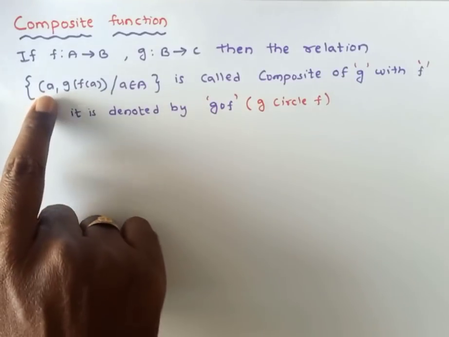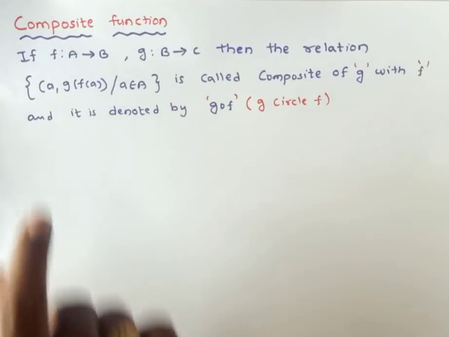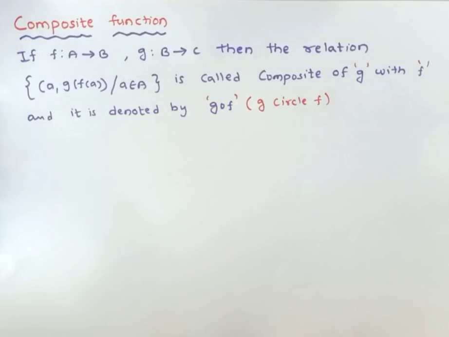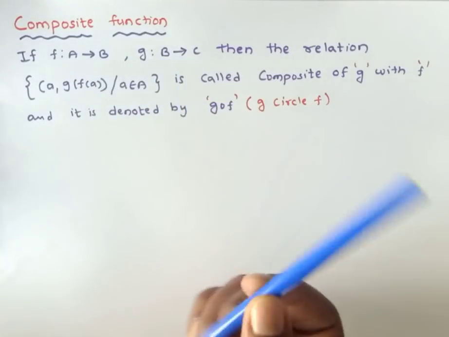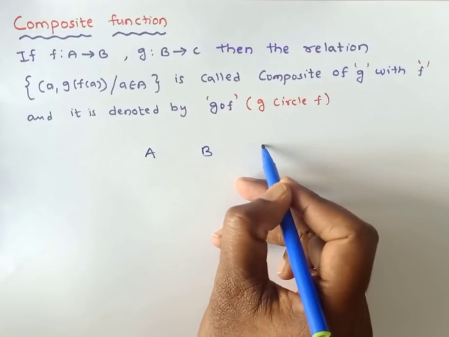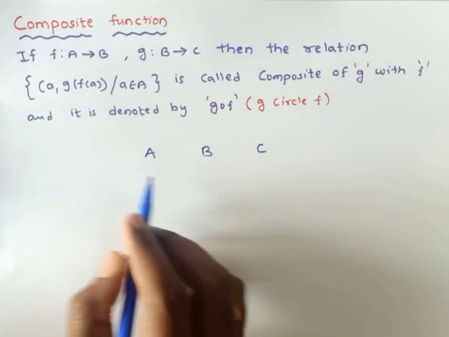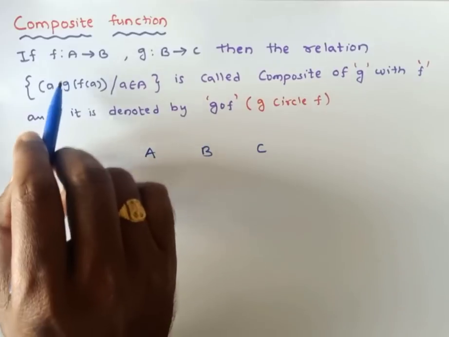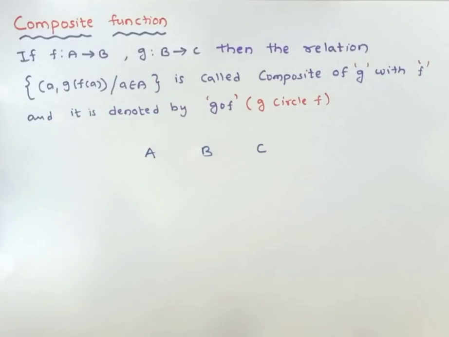So the relation, the set of ordered pairs in the form (a, g(f(a))), is known as the composite of g with f. Here you can observe f from A to B and g from B to C are given. So this relation is defined between A, B and C only.